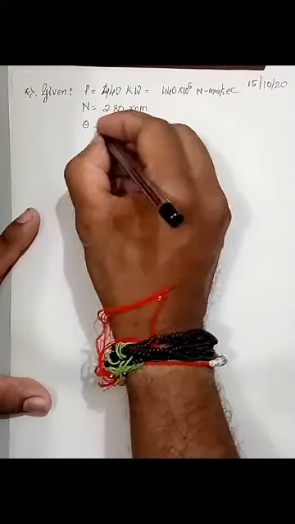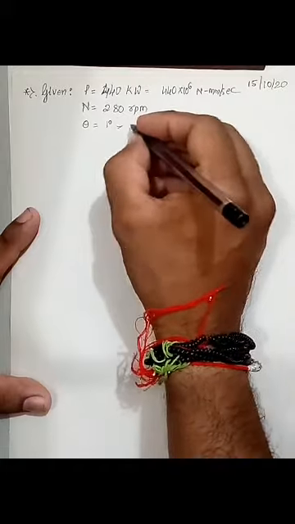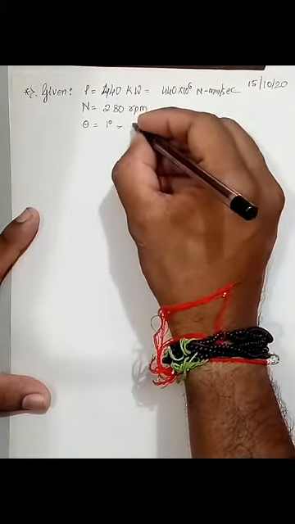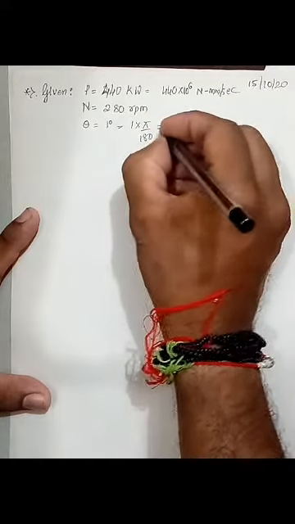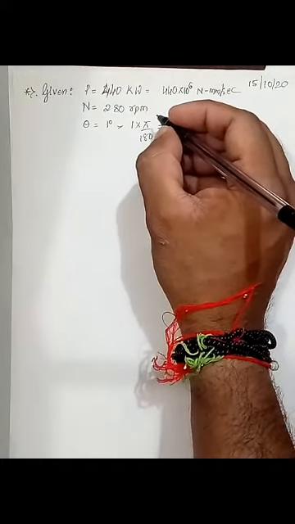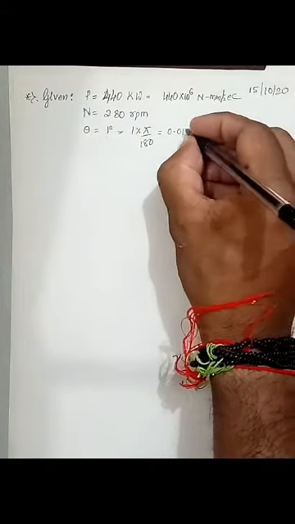Theta, the angle of twist, is given as 1 degree. 1 degree cannot be directly used in the solution, so we need to convert this in terms of radians. How to convert this in terms of radians? It's pi by 180. Once we convert this, I get the answer as 0.017.